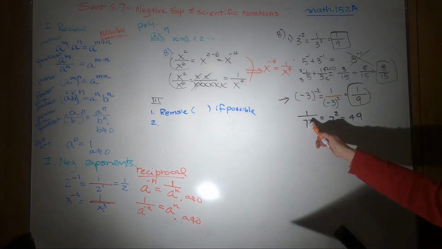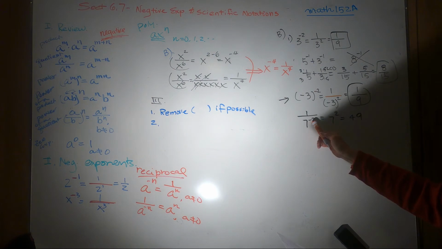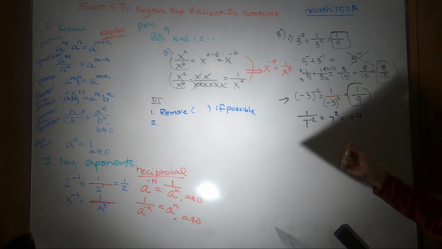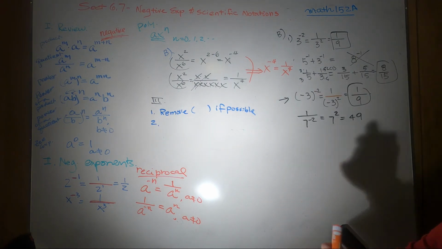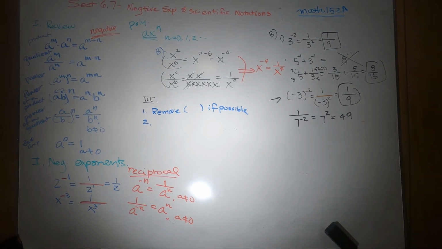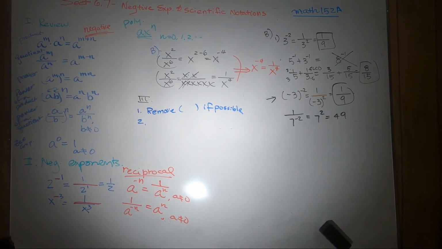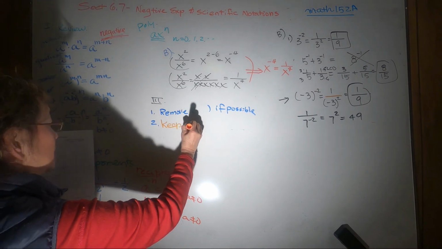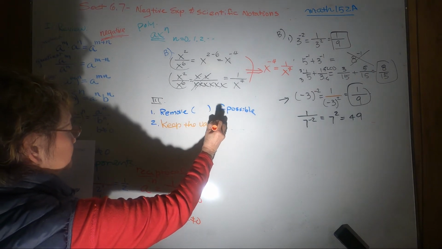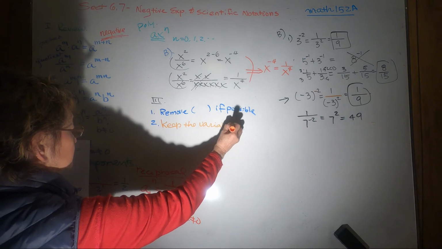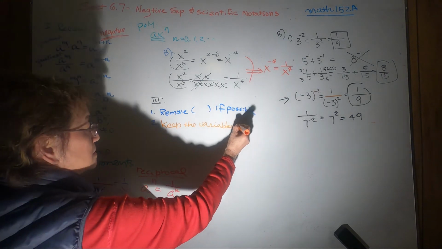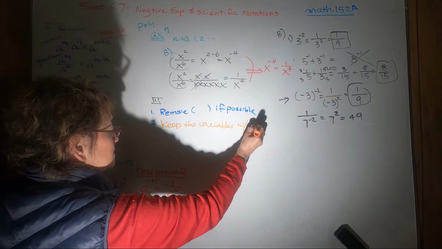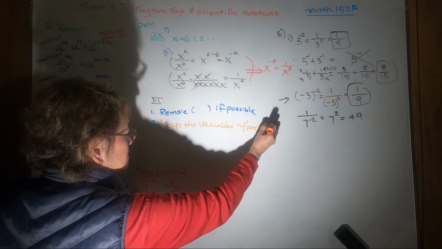If it's a negative exponent, what do you do? You have to flip, right? So we will do this. We will keep the variables with those positive exponents, right?